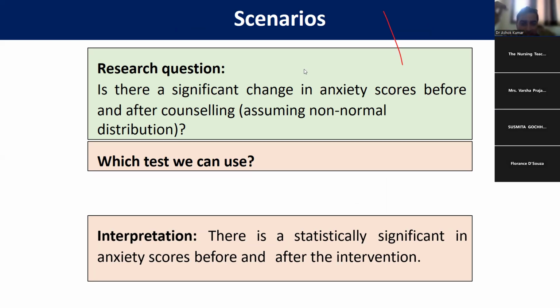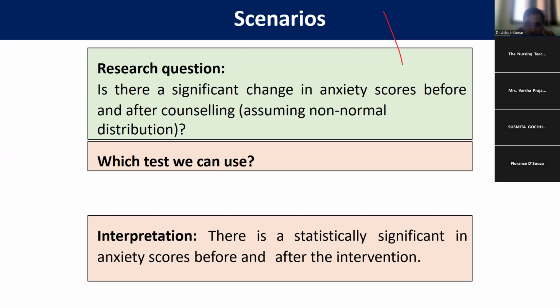Assuming anxiety score before or after is not normally distributed. So if it is not normally distributed, we have to go for a non-parametric test, and it is like a before and after condition. Okay, repeated measures, before and after means repeated measures, 2 times.